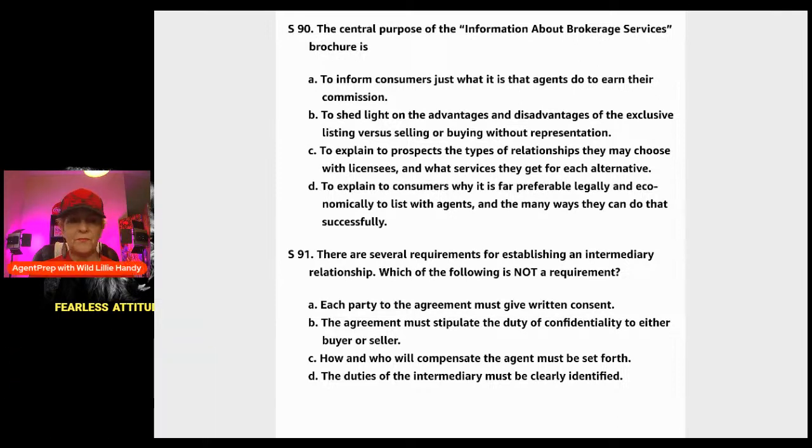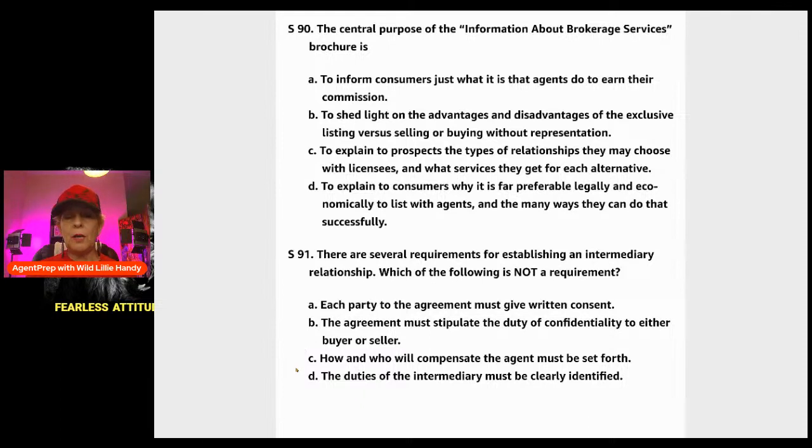Number 91. There are several requirements for establishing an intermediary relationship. Again, intermediary, several requirements. Which one is not a requirement? A, each party to the agreement must give written consent. B, the agreement must stipulate the duty of confidentiality to either buyer or seller.